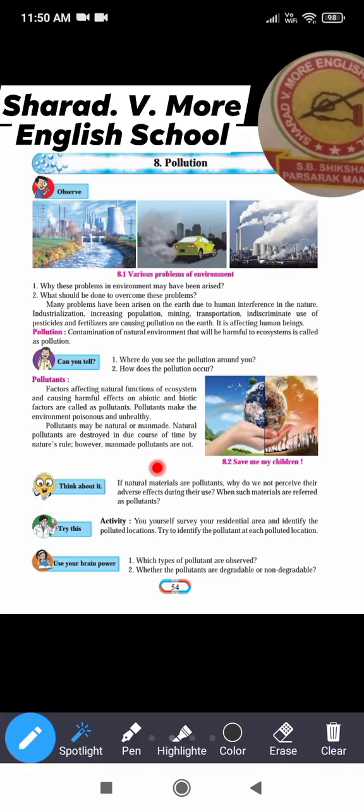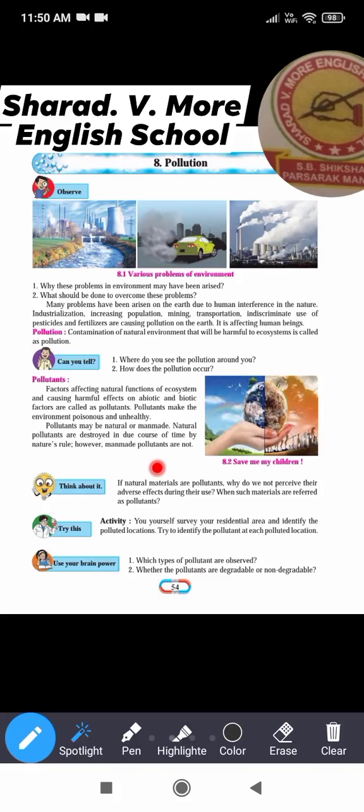So pesticides, herbicides, colors and industrial effluents, acids, bases, when they are added to a water body, they pollute that water. So these substances are called the pollutants of the water bodies.